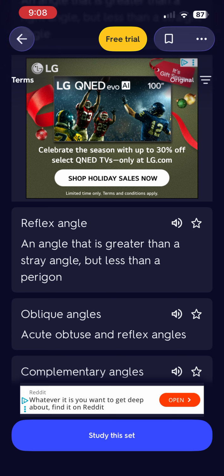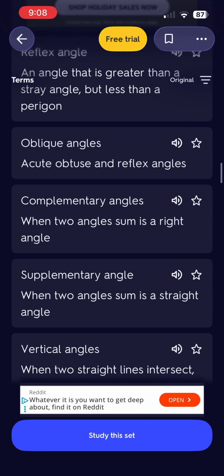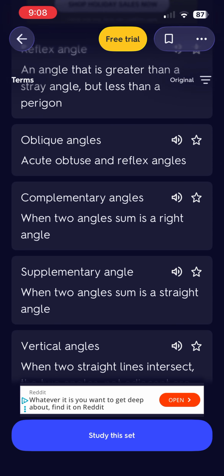Reflex angle. An angle that is greater than a straight angle, but less than a perigon. Oblique angles. Acute, obtuse, and reflex angles. Complementary angles.